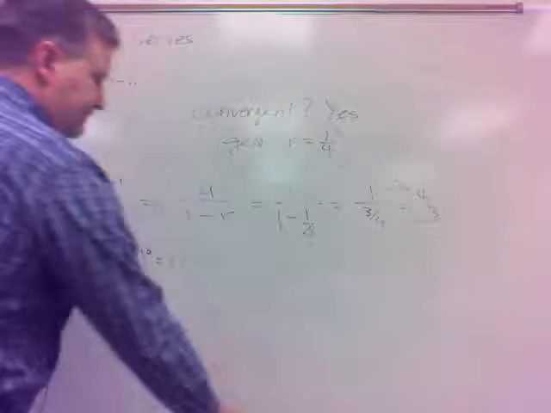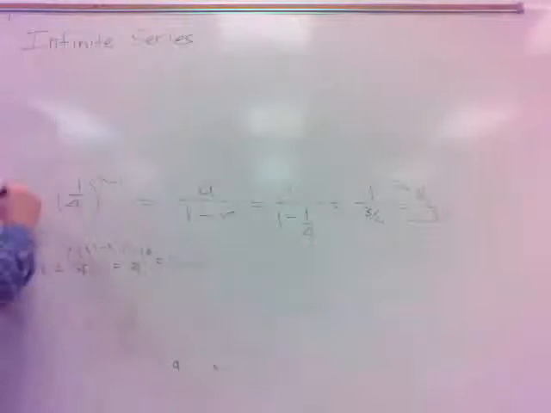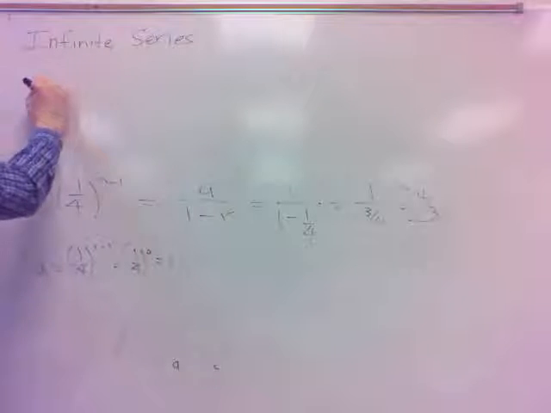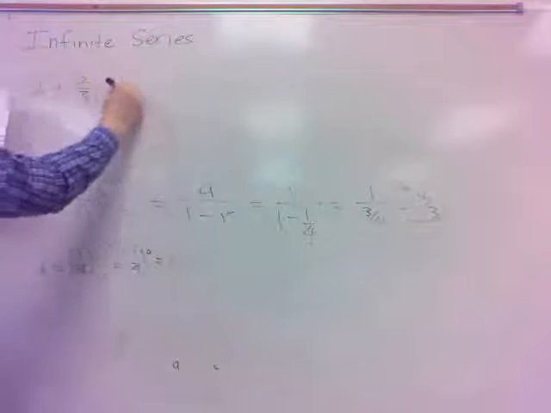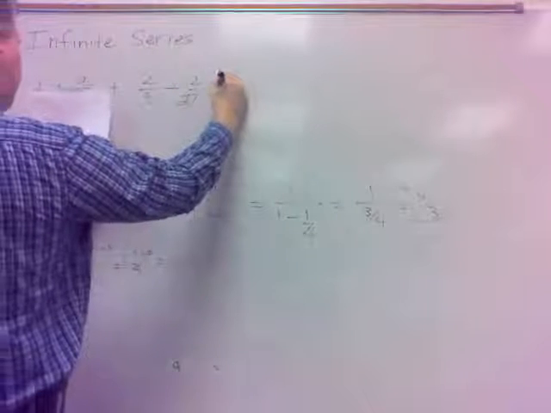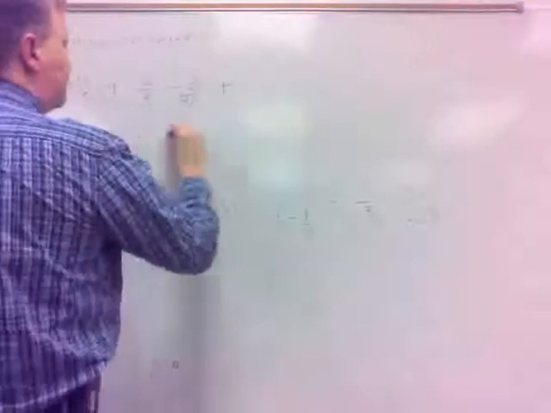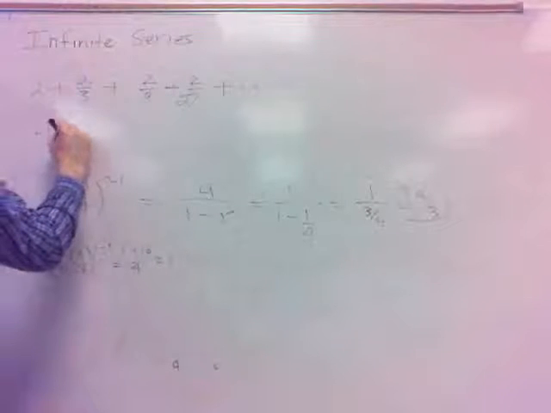Here's another one. 2 plus 2/3 plus 2/9 plus 2/27. Are we going to find this sum?